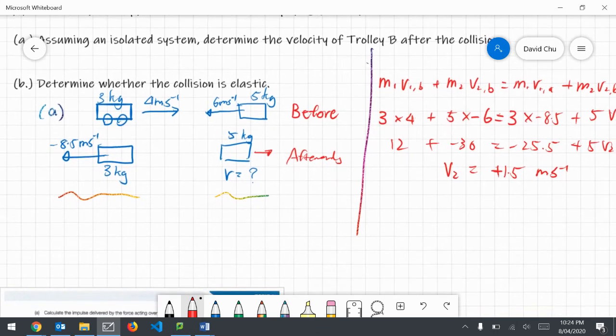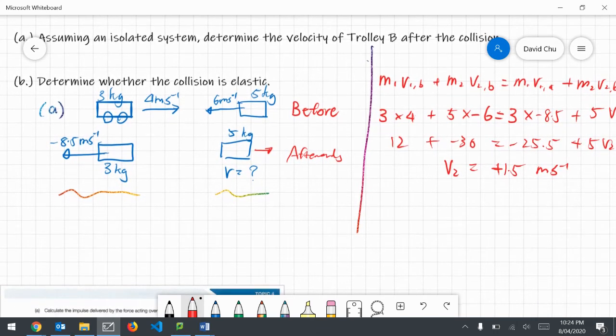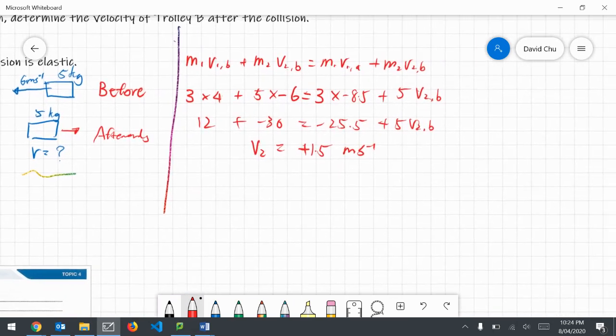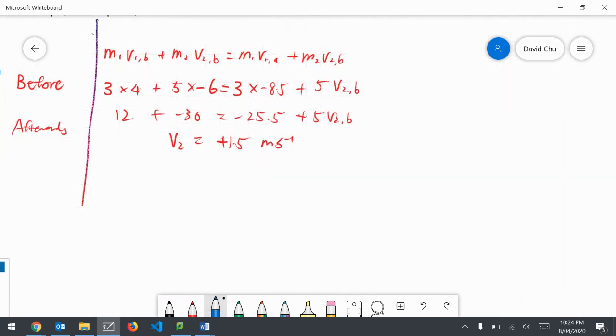The next question asks you to determine whether the collision is elastic. So we need to go through some definitions quickly. An elastic collision means your kinetic energy before must equal kinetic energy after.